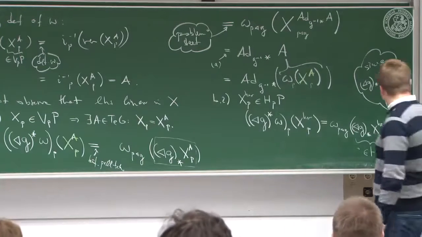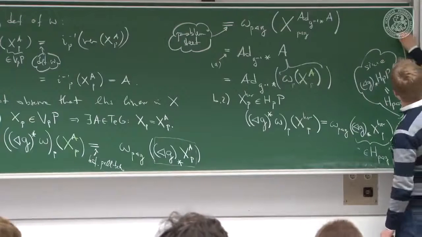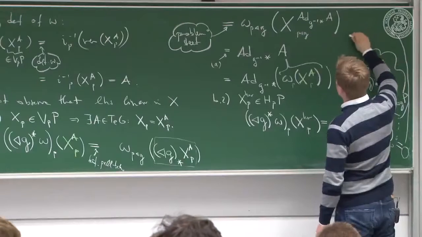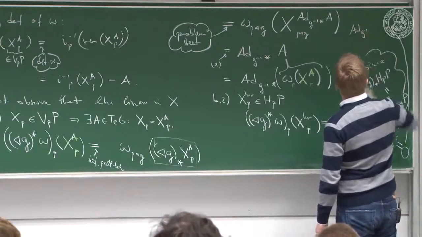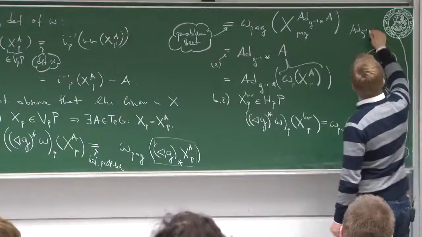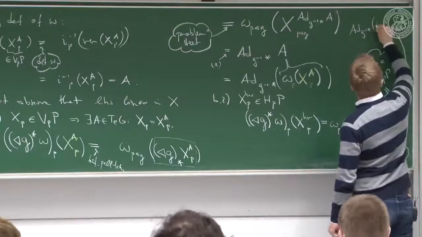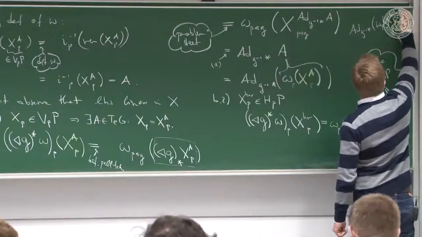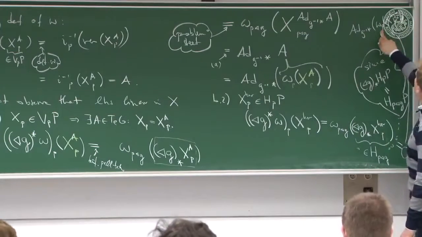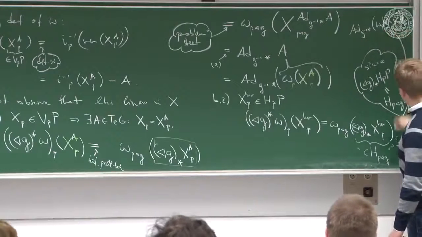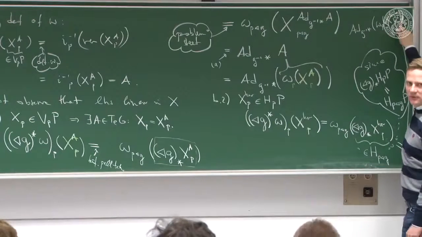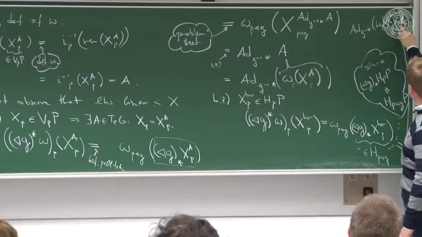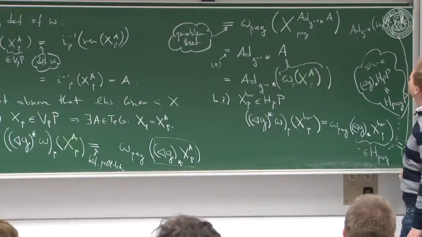But this 0 here can of course be written, albeit somewhat pompously, as the push forward of Ad G inverse of omega at the point P of x hor at the point P. Why? Well, because this omega P of x hor P, for the very same reason, yields 0, and then the Ad G inverse push forward being a linear map acting on 0 yields 0.